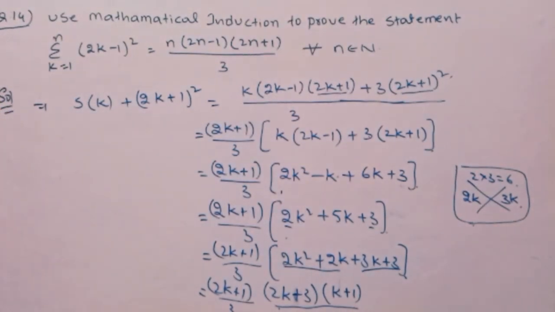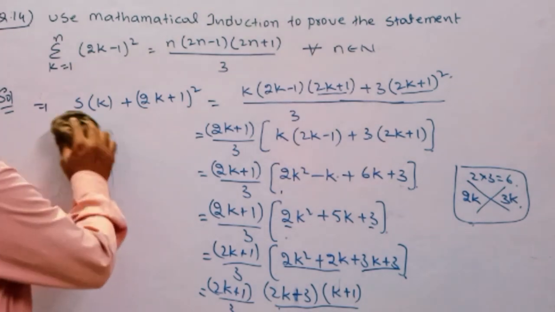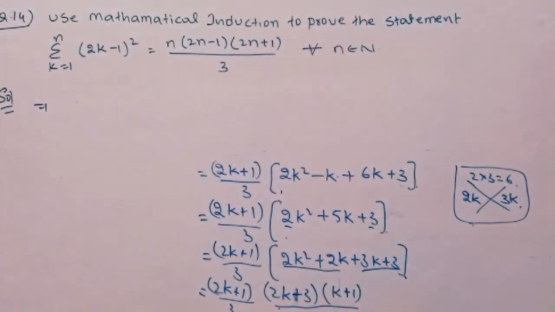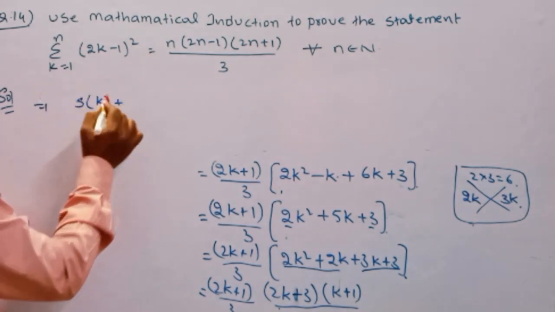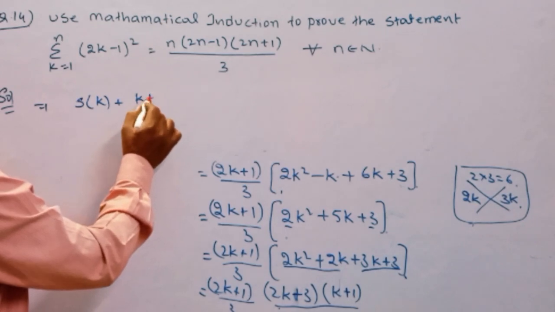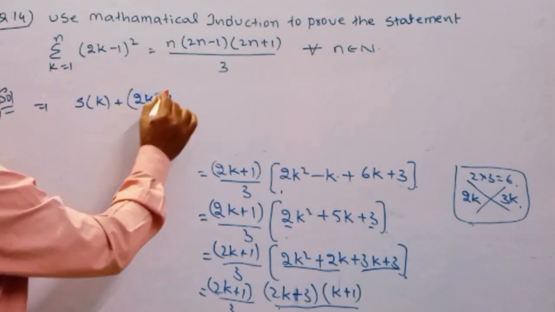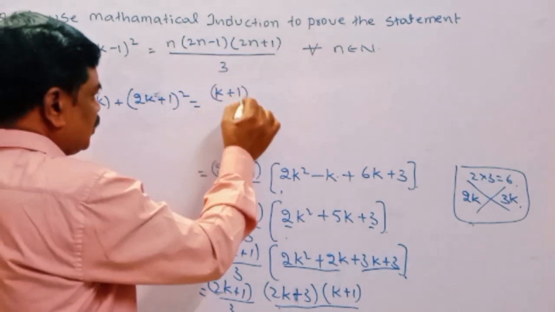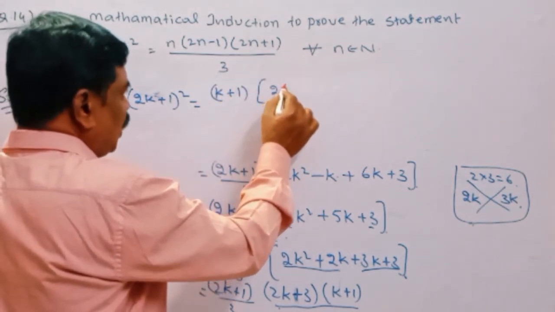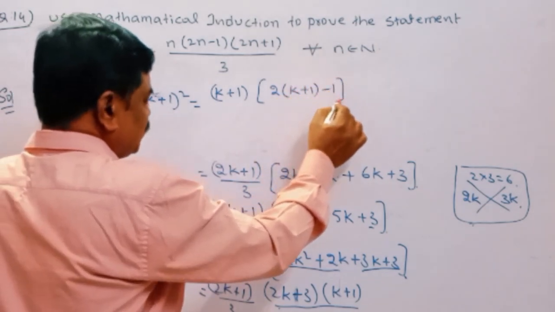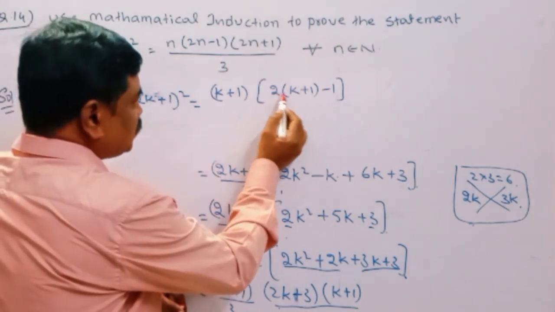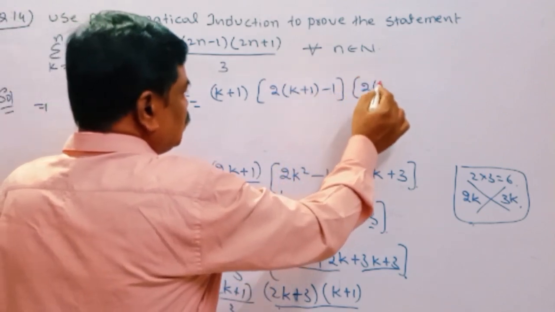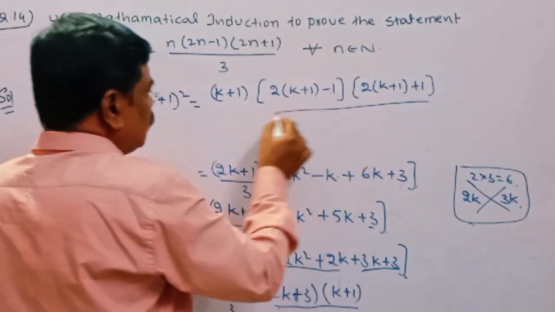Then what can we conclude? S of k plus (2k plus 1) whole square is equal to, this can be written as (k plus 1) first, into (2 of k plus 1 minus 1). 2k plus 2 minus 1 is 2k plus 1, into (2 of k plus 1 plus 1) by 3.